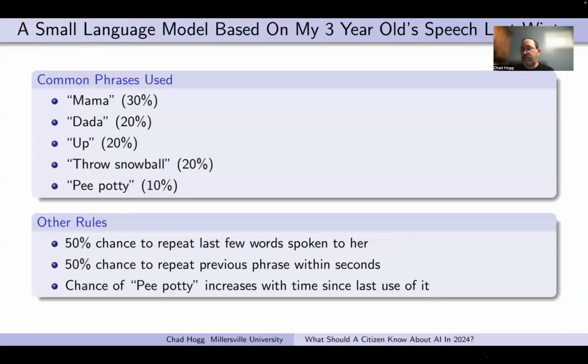Or not every time, but often enough. We can even put in sophisticated rules like, we don't say pee potty at random intervals. We say it approximately every 3 hours because that's approximately how often we observe her saying it, because that's when she needs to go to the bathroom. So based on that more complicated language model, I could really make something that could intelligently, sort of, sound like my daughter.